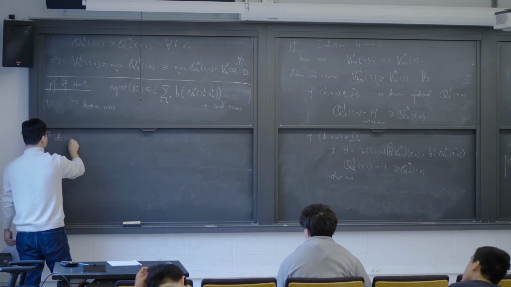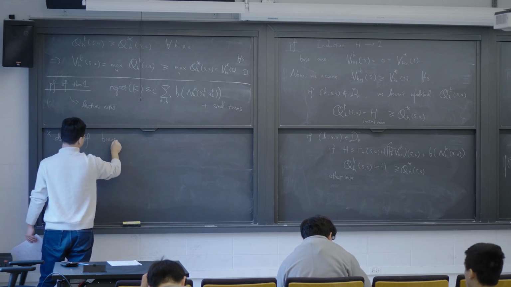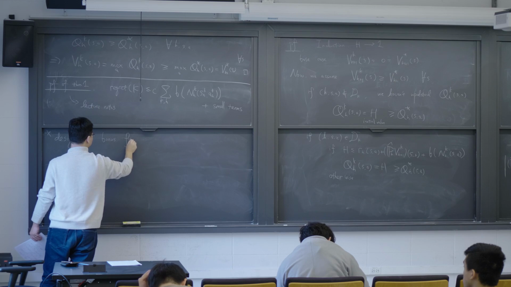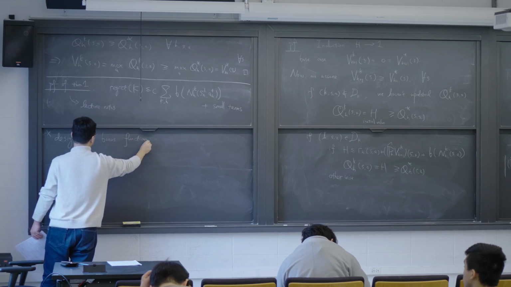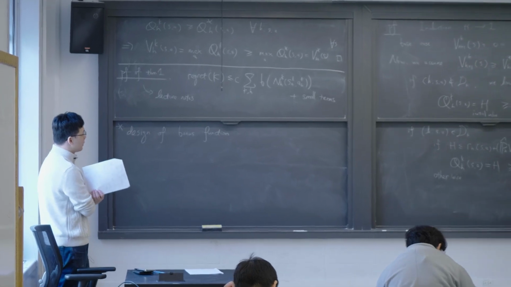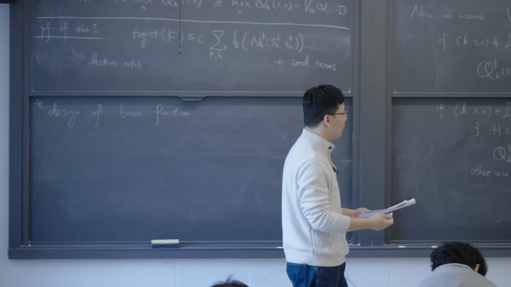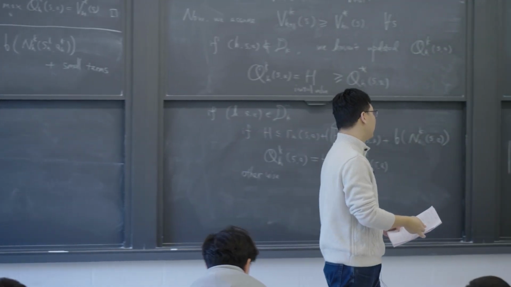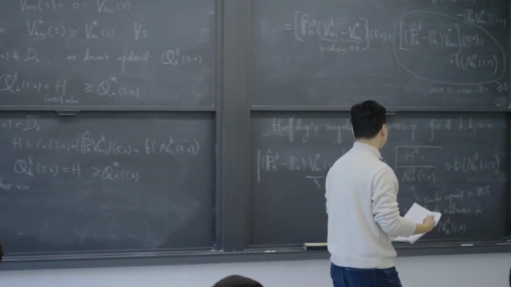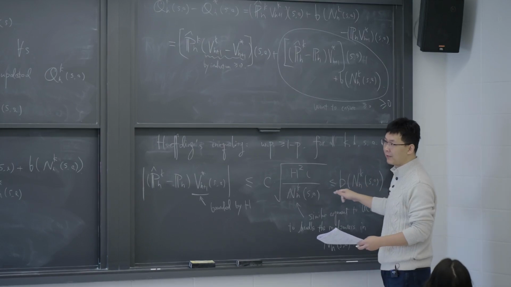Another thing I want to talk about is the design of the bonus function. It turns out that in the UCB-VI algorithm, the design of the bonus function matters because it not only affects the analysis but also affects the algorithm.